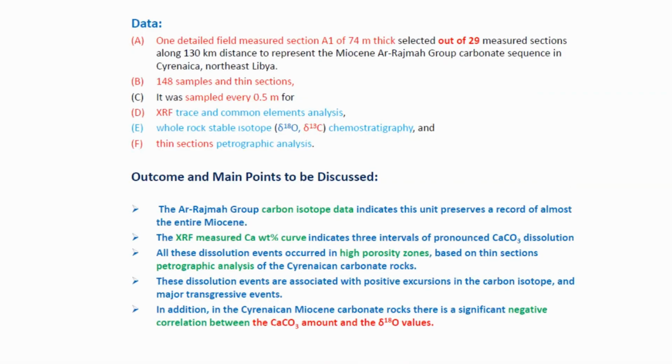The database. We selected one detailed field measured section, A1, of 74 meters thickness, to represent the Miocene of Cyrenaica.